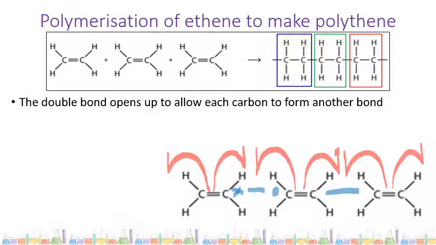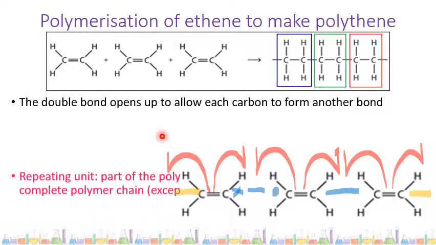Now, as you can see from my products up here, it's important to show that this molecule is not complete here. We have to show that there is also space here for another bond to be created there. We're only showing a small section at the moment. And in that product, you can see up here that there's three things I've put a box around, and that's my repeating unit.